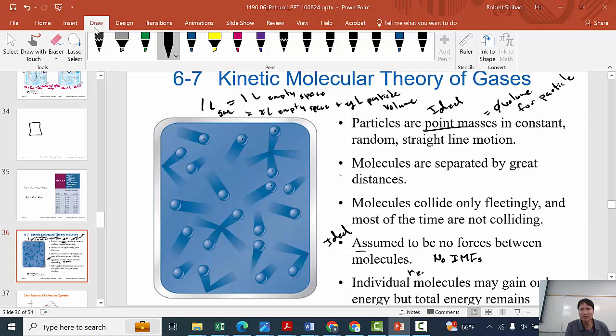In a real gas, IMFs exist, which results in sticky molecules. So in an ideal gas, the particles just bounce off one another. In a real gas, sometimes they get stuck or stick.